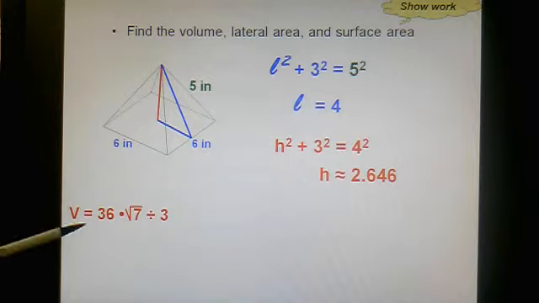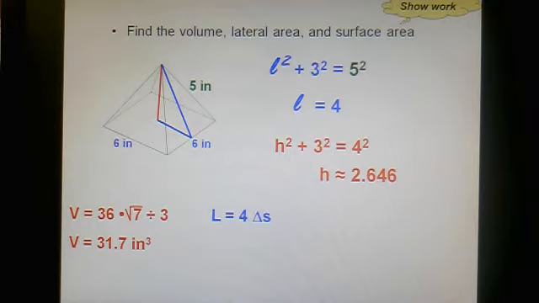So there's your volume. And I kept it as rad 7 here. So you could leave it as 12 rad 7 if you left it as an exact answer, or 31.7. So 12 rad 7, 31.7, same thing in terms of a quantity, cubic inches. And then, of course, the surface area is the 4 triangles plus the base.